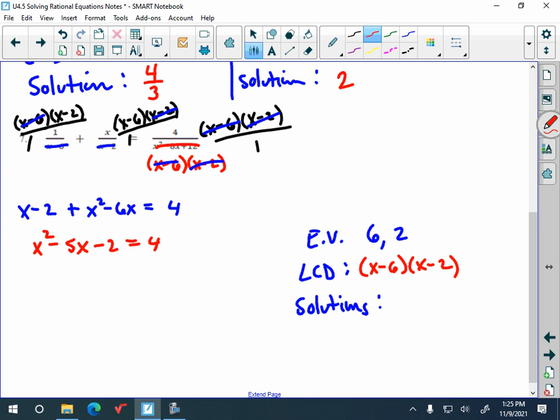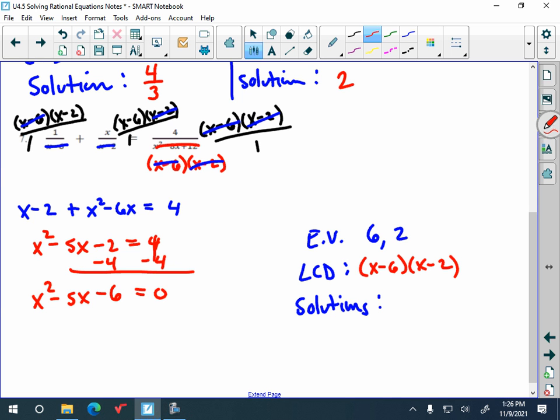And you can't factor unless it's in descending order and it's equal to 0. You got to have a 0 on one side. Okay? So I have to subtract the 4 over first. So x squared minus 5x minus 6 equals 0.